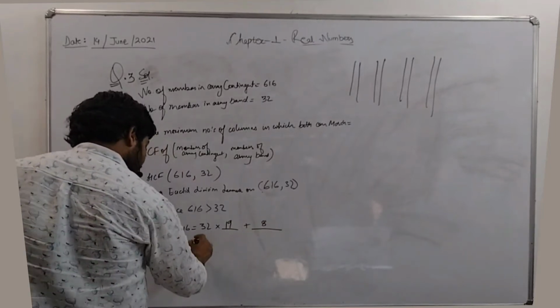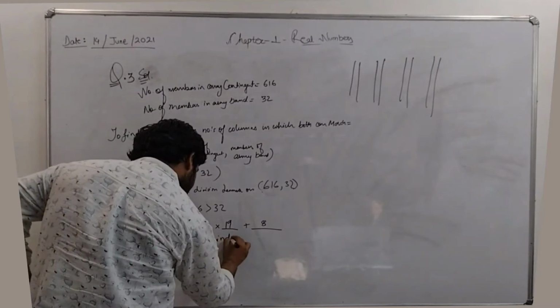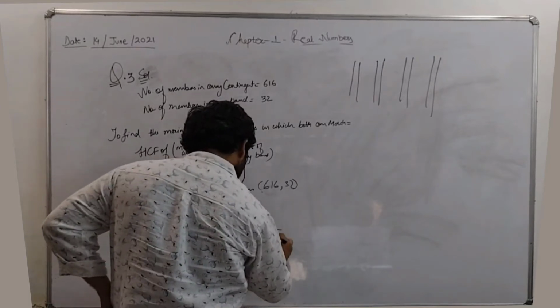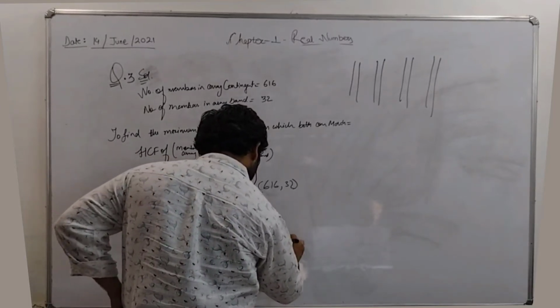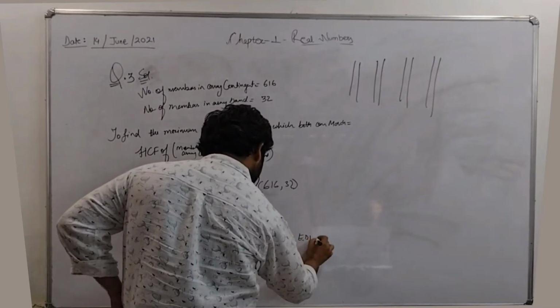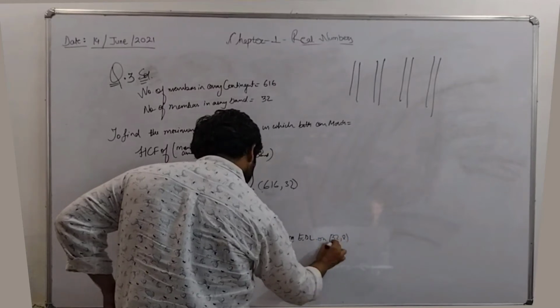As remainder is not equal to 0, applying Euclid's division lemma, please write it in the full form, on 32, 8.